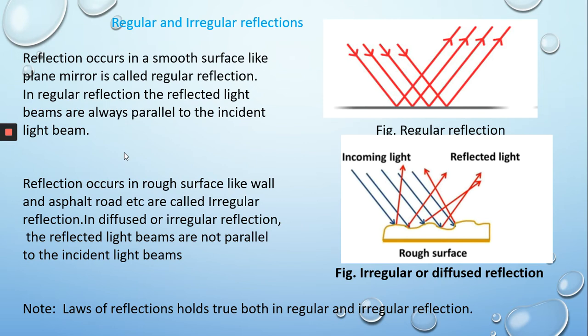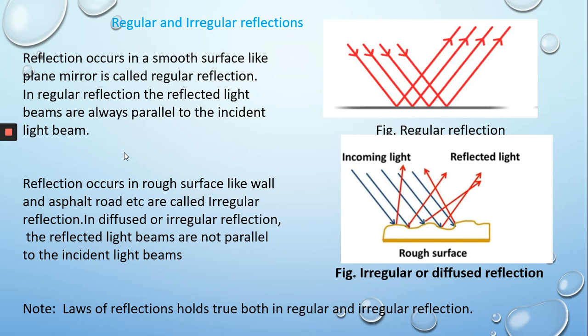For example, if we hold a plane mirror in front of us, we see the image of our face in it. This is because the entire light that falls on the surface is reflected in a definite direction. Such a reflection is called regular reflection.